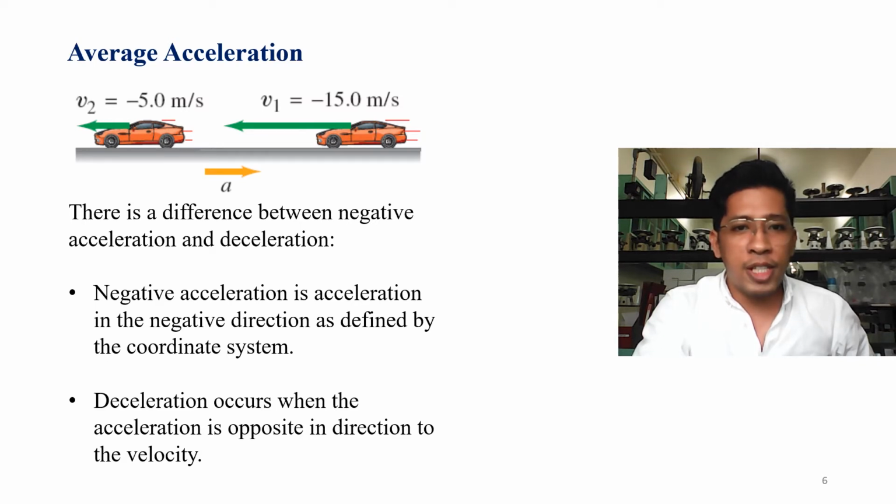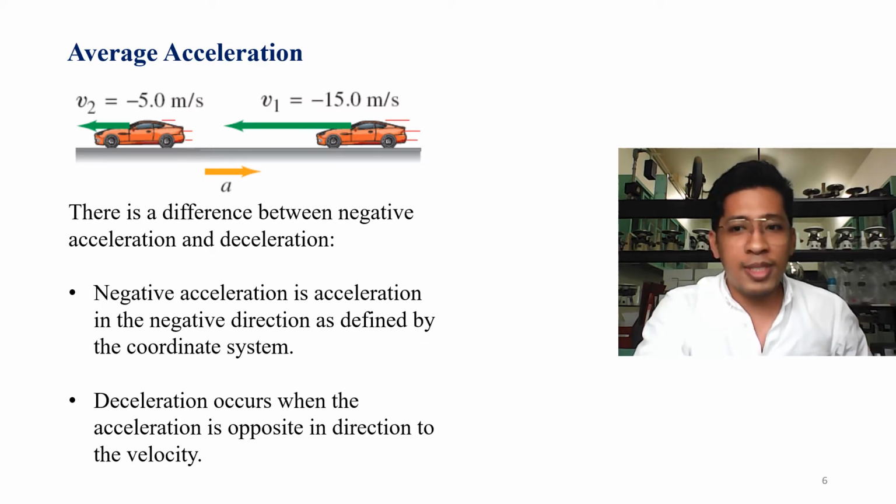However, there is a difference between negative acceleration and deceleration. You might think that negative acceleration in your calculation means it moves along the negative x-axis, or maybe that the negative sign in your acceleration means deceleration of your body. Negative acceleration is acceleration in the negative direction as defined by the coordinate system.